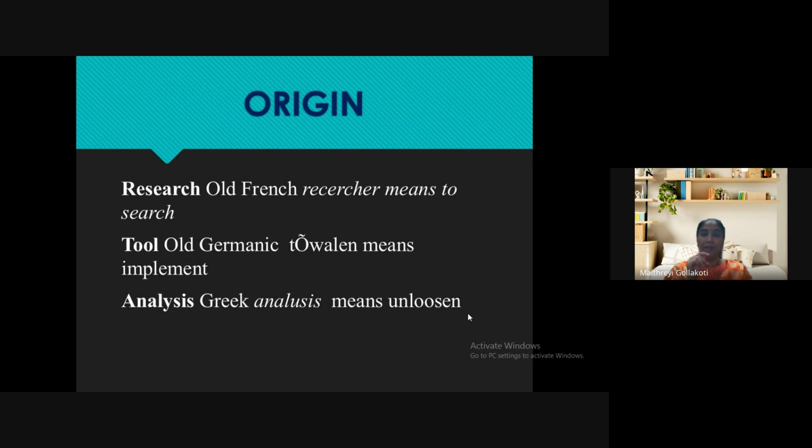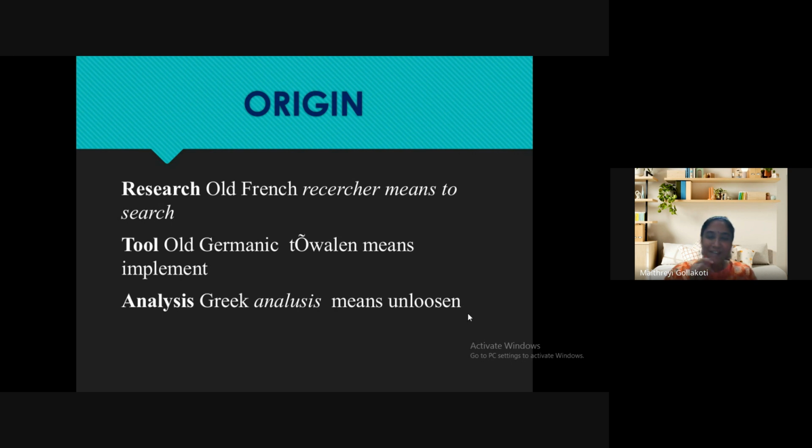Yes. Now let us try to understand the origin of the word research. Now we have three words in our title: the word research, the word tool, and the word analysis. So I'm trying to explain the origin of these three words. The first word is research. The word research is actually from French language.